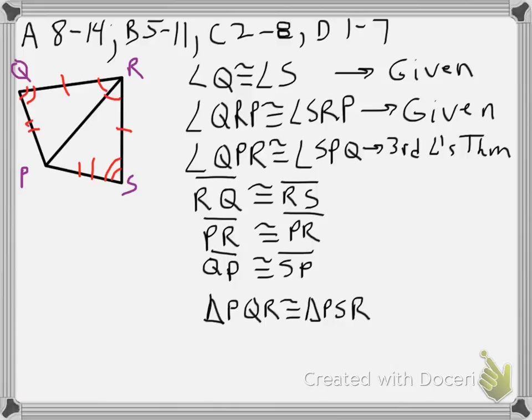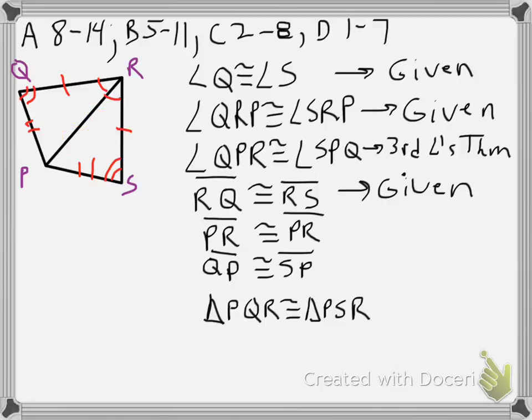Okay, then they mentioned RQ and RS, and again, the red tick mark was given to us there, so I can just right away say that's given to me. They gave me a lot here in this problem. Okay, and then they said PR is the same as itself. Well, here's a dead giveaway. Something is the same as itself. That's the reflexive property.